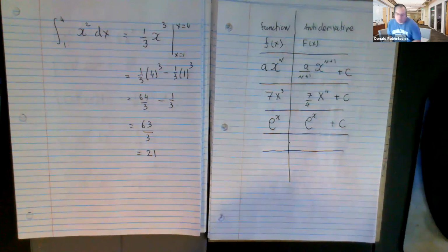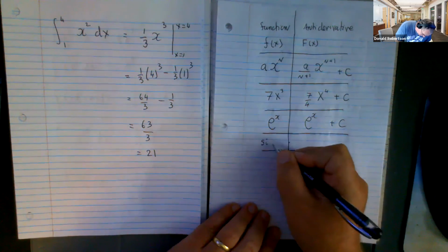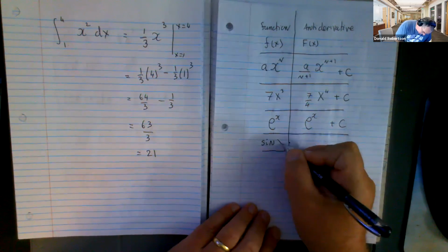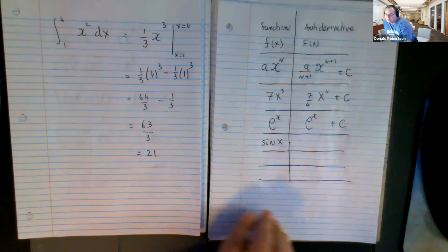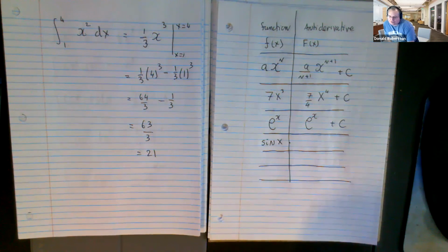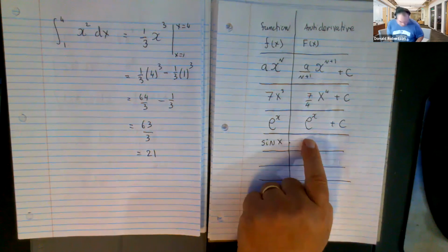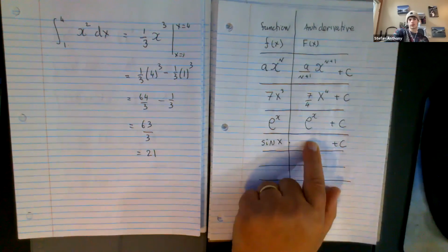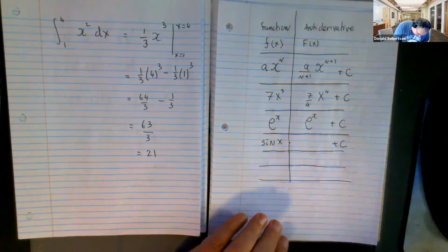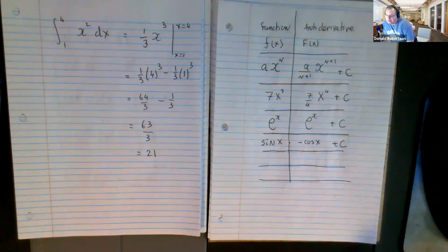Suppose I wanted to do the antiderivative of sine x. What function would you need to start with that if you differentiated it, you would get sine x? I'm going to put in the plus c for free. Isn't it negative cosine x? Yes. Do you see why you need a negative, everyone?